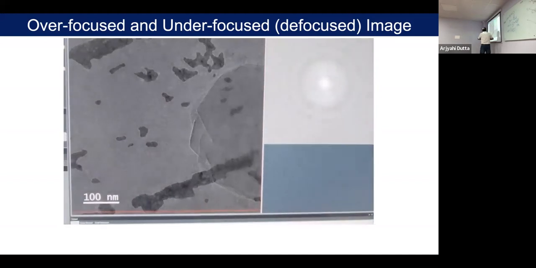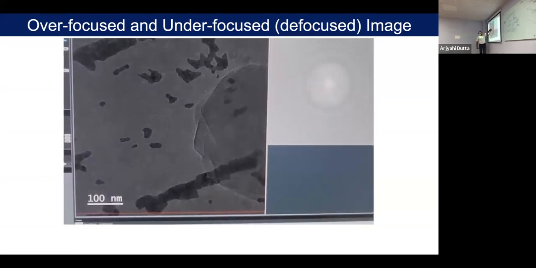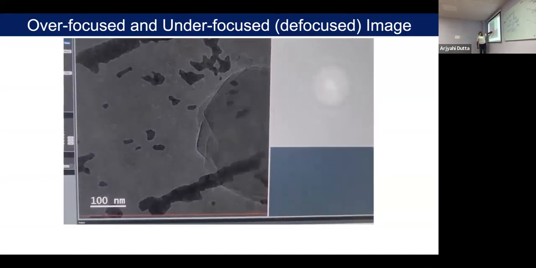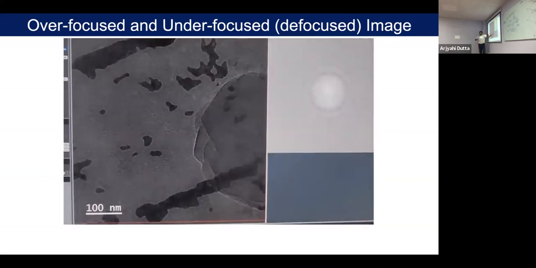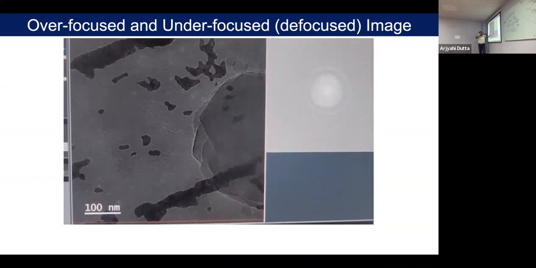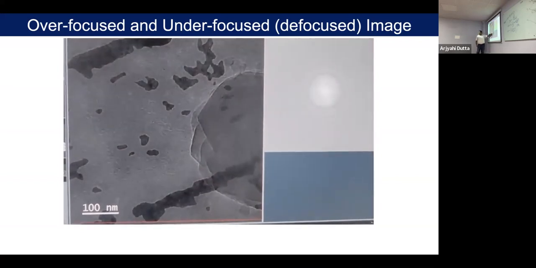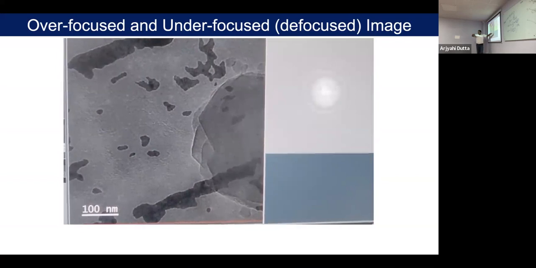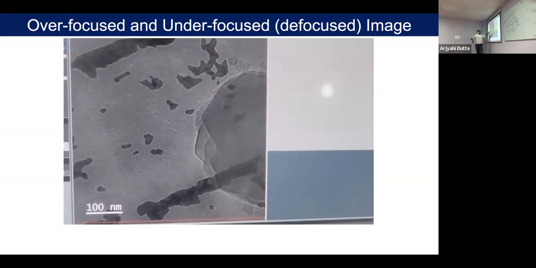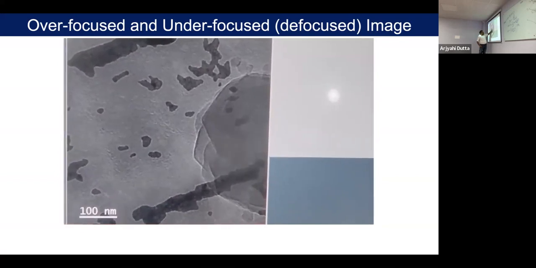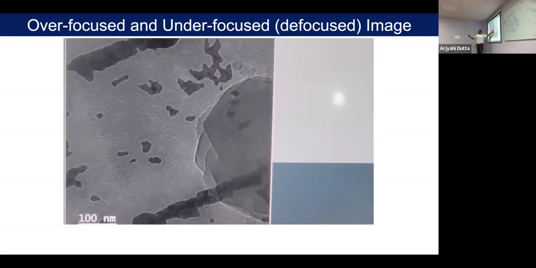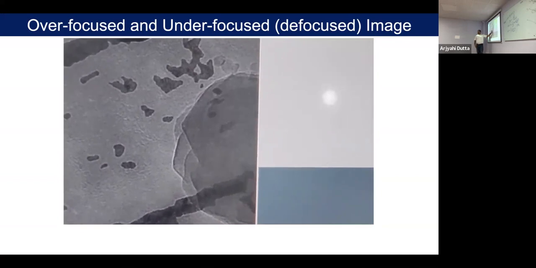Whenever we do that, you can see the outside fringes are very much clear. At the actual focus, we cannot see this object in so much detail. But whenever I change to over focus or under focus, these fringes become very clear and contrast is improving, and that is helping us to see this object.